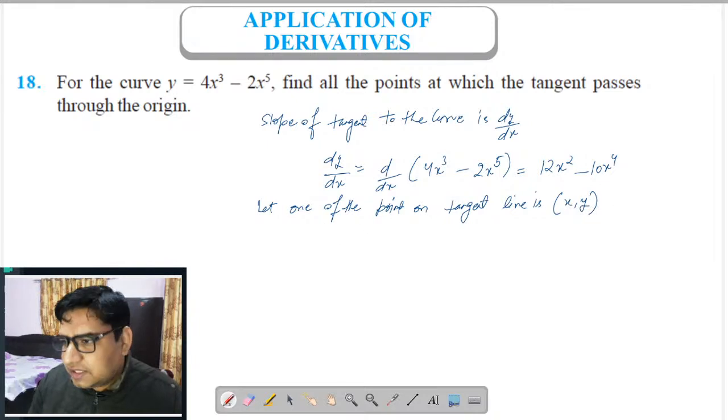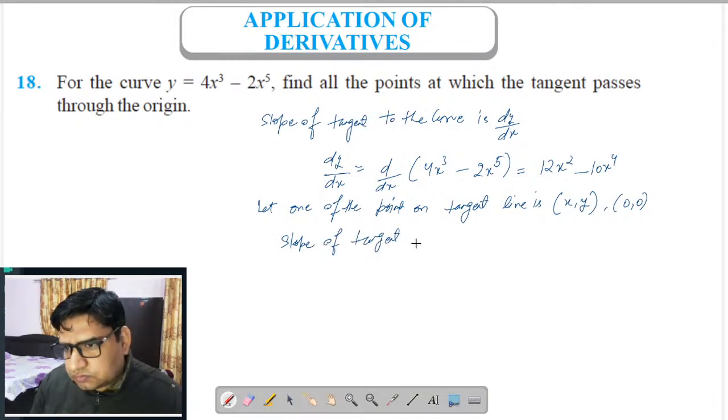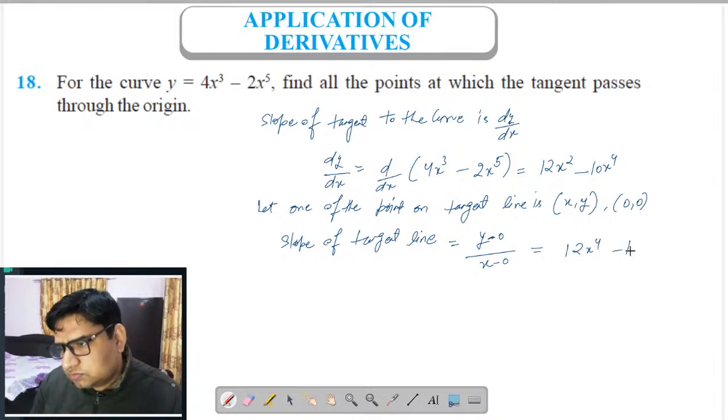The other point is 0 0, so the slope of the tangent line is y minus 0 upon x minus 0, and that should be equal to 12x square. Sorry, 12x square actually, here we have 12x square.